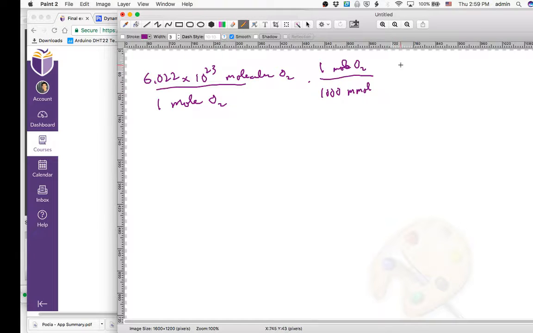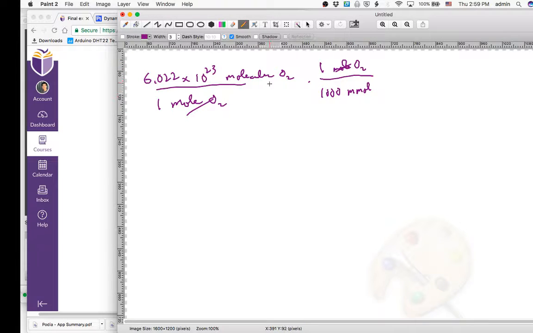You could also say 1 times 10 to the minus 3. Instead of saying this, you could say 1 times 10 to the minus 3, or 1,000th of a mole, is 1 millimole. It would be the same thing. But I prefer my way. You can do it your way, whichever way you like. All right, so moles of oxygen are canceled.